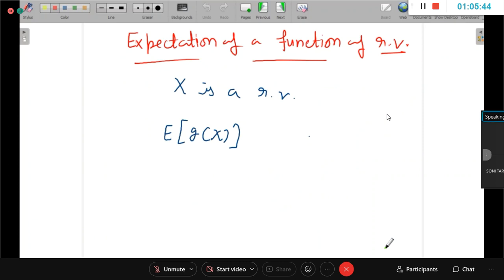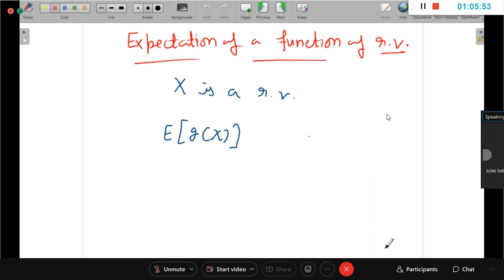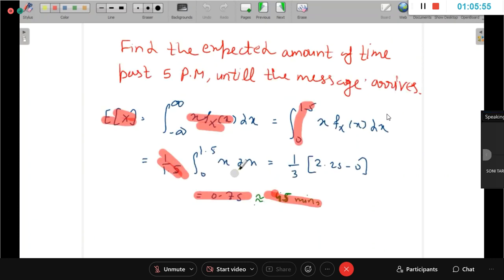Okay, right. Now, just now we have discussed the expectation of x to the power n, in case of a discrete random variable. That can be extended to the continuous case as well. In general, the expectation of a function of a random variable x can also be identified.